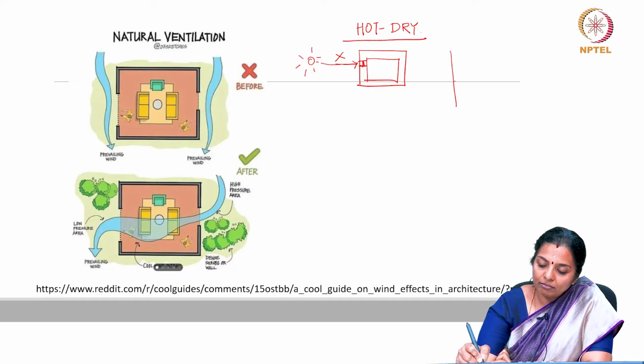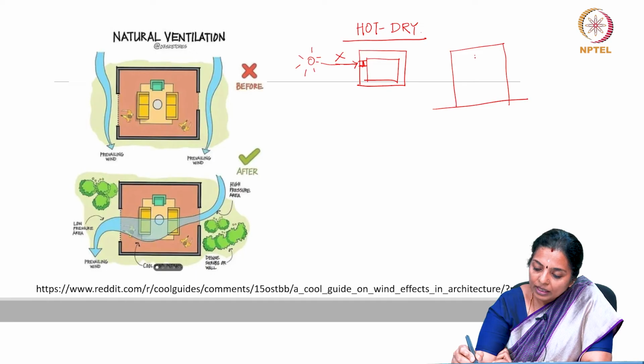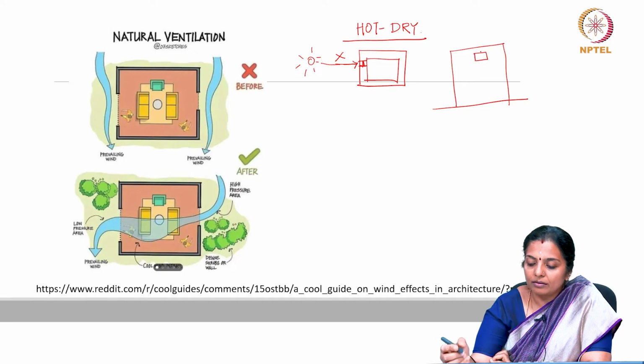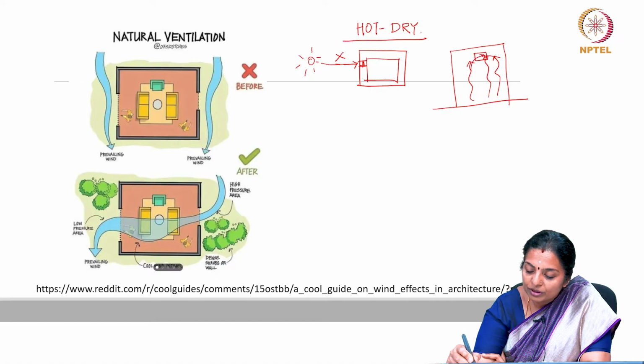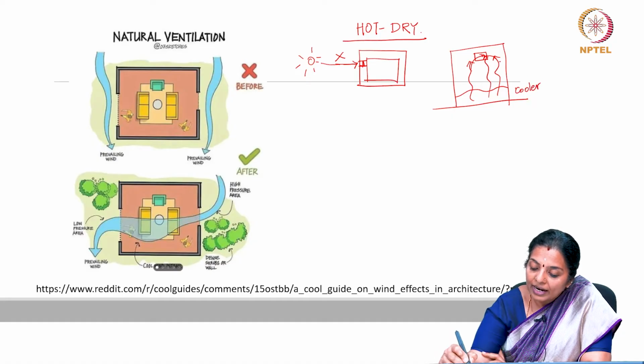When you have a high ventilator, hot air always rises up and escapes through the vent, whereas the lower air, which is at the working zone, will be cooler.